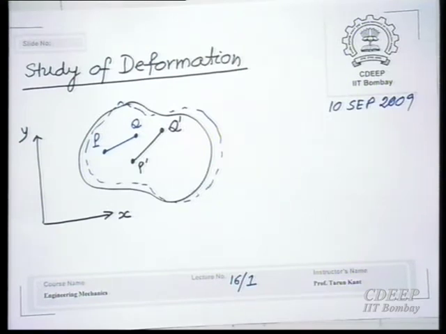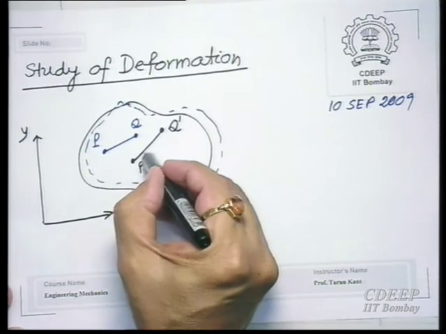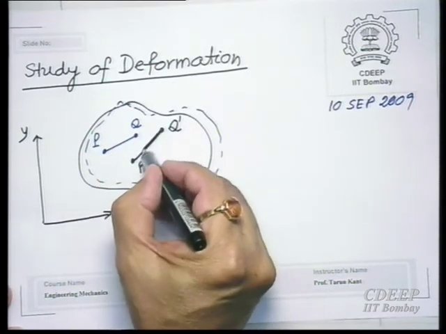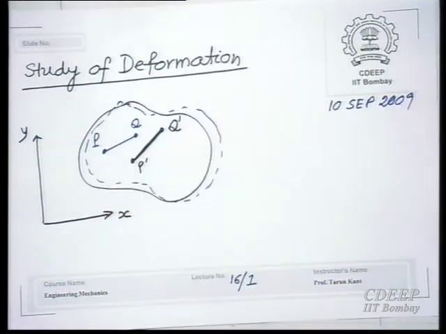So the dotted line is this. This PQ is mapped into this after the deformation has taken place.